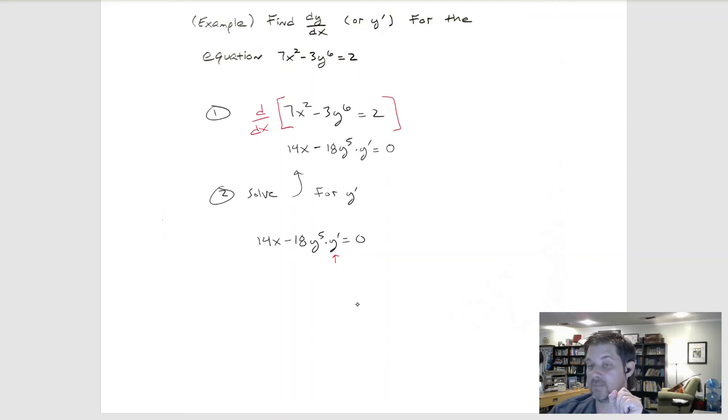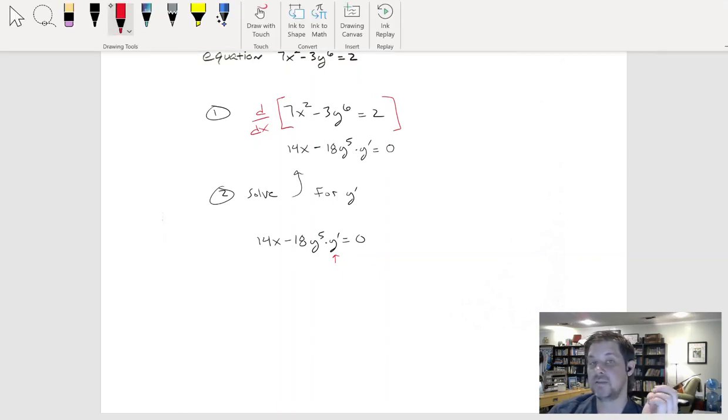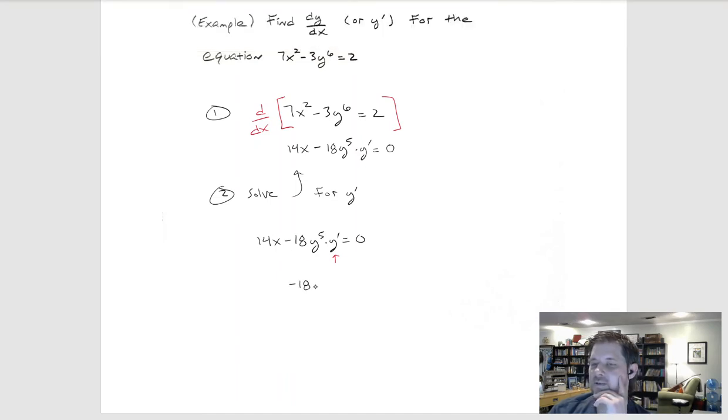This will be done just with algebra. So if I wanted to solve for that y prime right there, I'd move this 14x over to the other side. So I get negative 18 y to the 5th y prime equals negative 14x. And then my goal is to take this equation and reduce it to say something like y prime equals this or that, then that would be my answer.